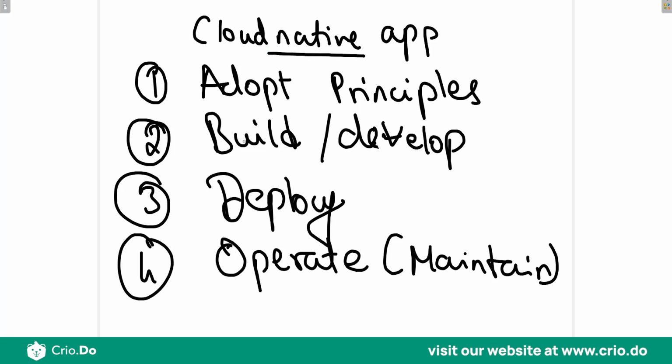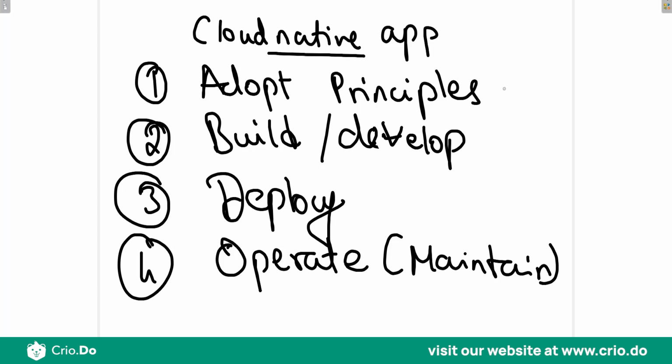Let's quickly see one by one what we mean. Just have this in mind, as this can also be an important interview question. If someone asks, you say a lot about cloud native applications, can you tell me the steps to implement one?